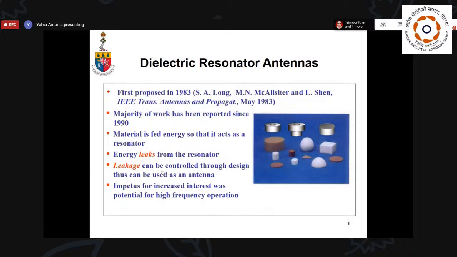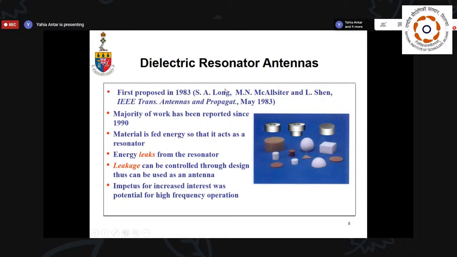Now, these are some of the shapes that have been considered in the literature, and I'm sure you have seen some of those shapes in some of the talks. Basically, this is one of the advantages, that you can play with the shapes and play with the concentration of the fields inside, basically play with the modes.